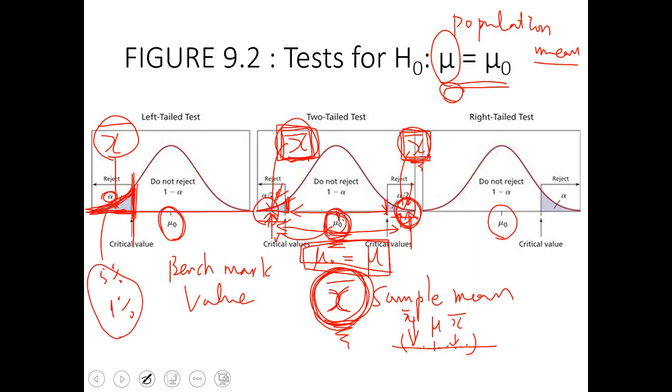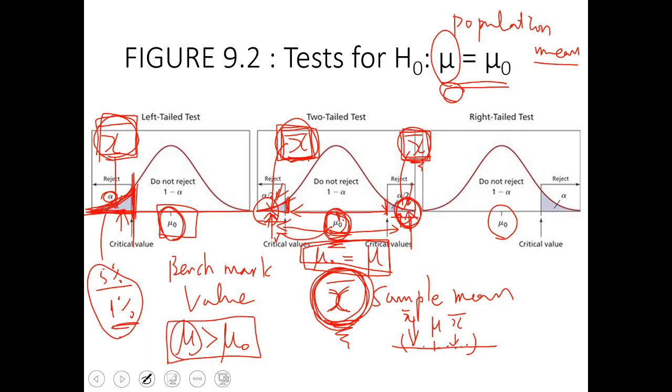So the probability that the sample mean is located in this extreme area is 5% or 1%. This kind of event may happen once in 100 times or 5 in 100 times. So that is a very extreme case. In this case, we cannot say that mu is greater than mu 0.